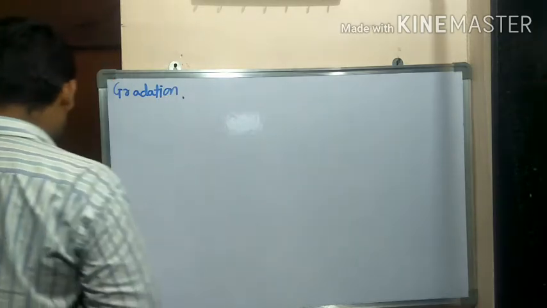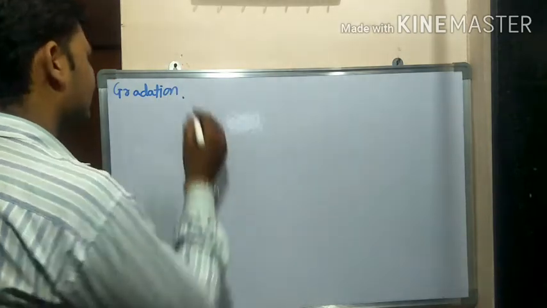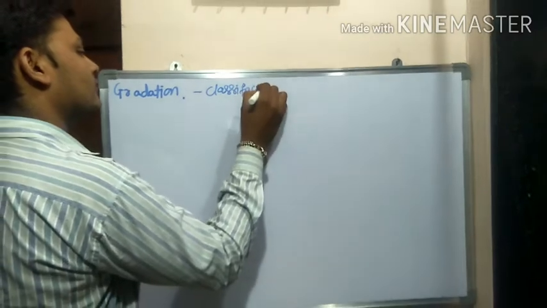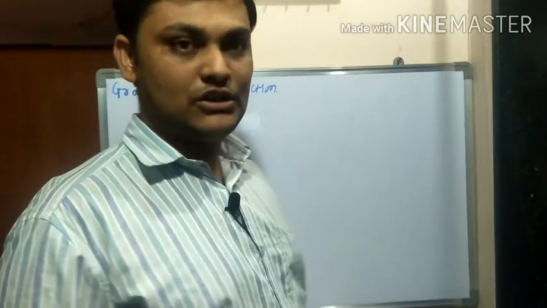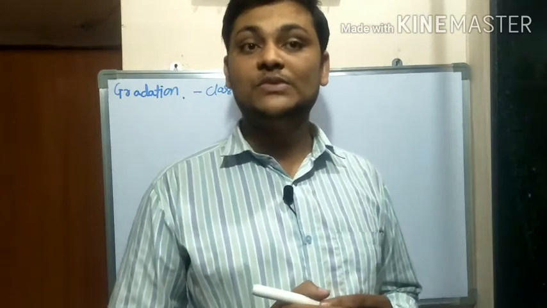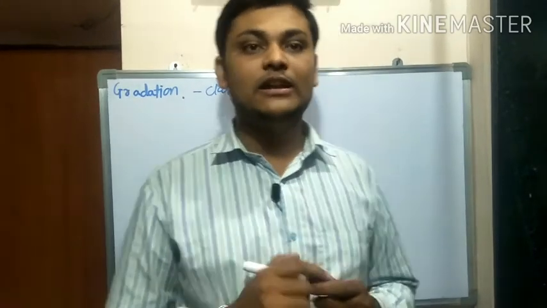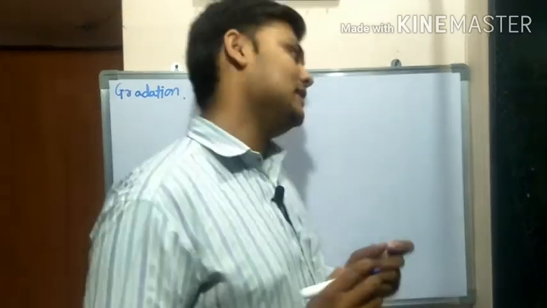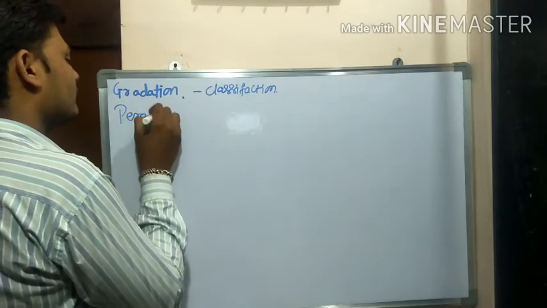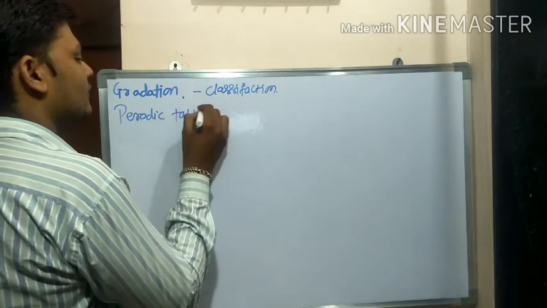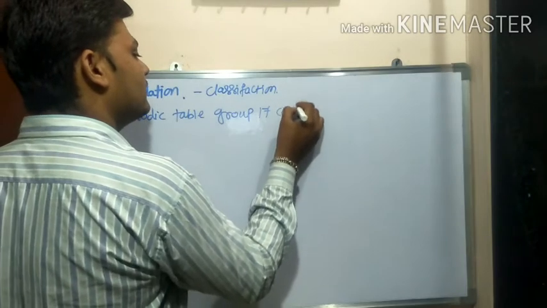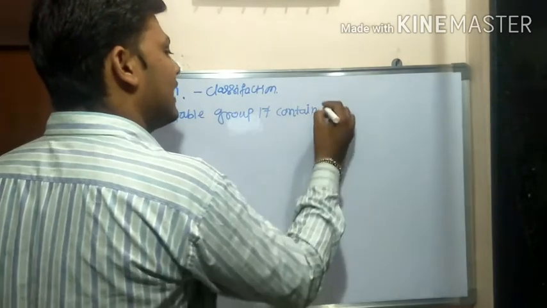Gradation means what? Classification. Classification means what? Separation. We know very well that group 17 contains the members of the halogen family. So in the periodic table, group 17 contains the halogen family.